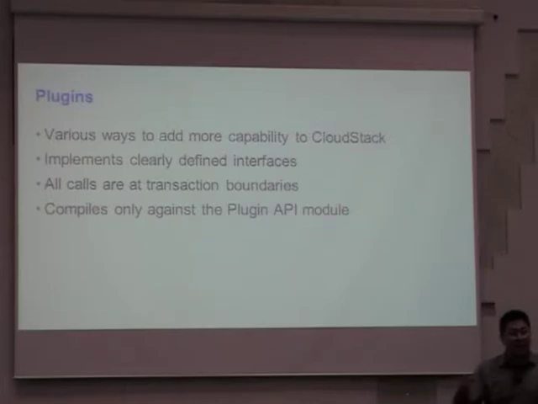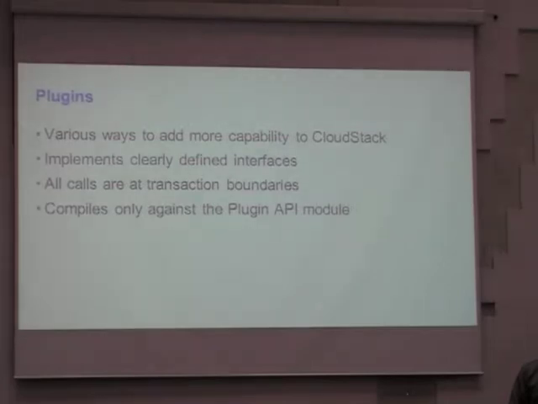If you want something that has really, really low latencies, you don't want to go outside of your layer 2 switch, you can have an allocator that says, okay, for this account, put everything within this pod as much as possible. So we have different allocators that come out of the box with CloudStack, but you can certainly customize your own and plug it right in.